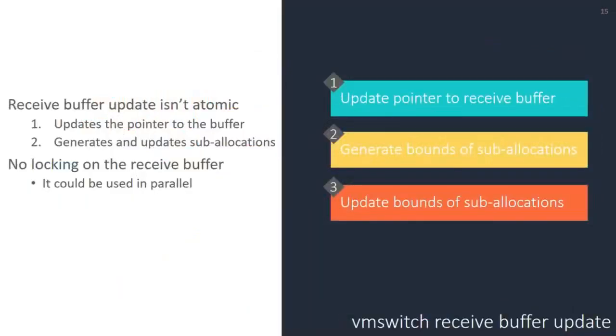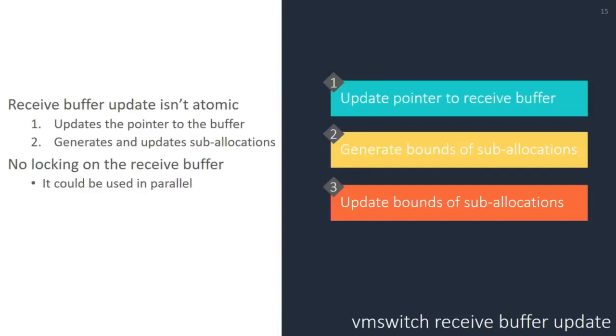And it actually works in 3 steps, which only exists because, if you'll recall, the host OS is responsible for sub-allocating these receive buffers into smaller, tiny buffers. And so that means that it actually keeps track of 2 things.